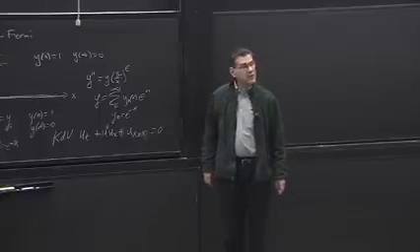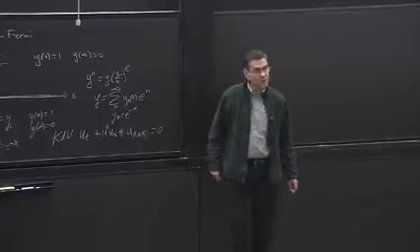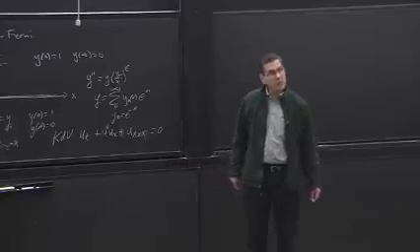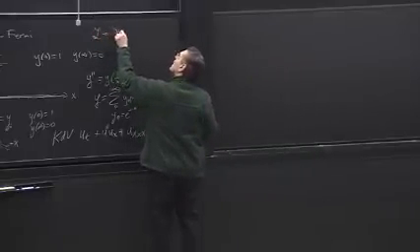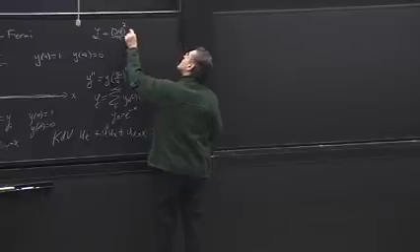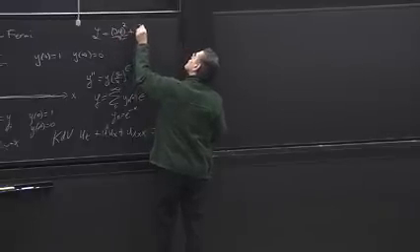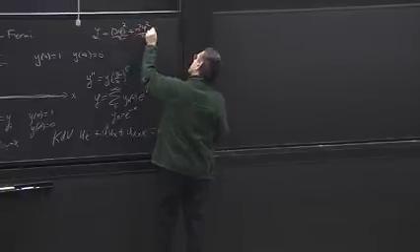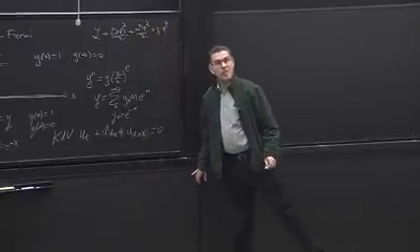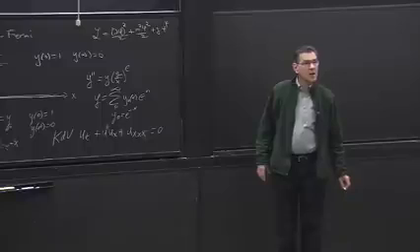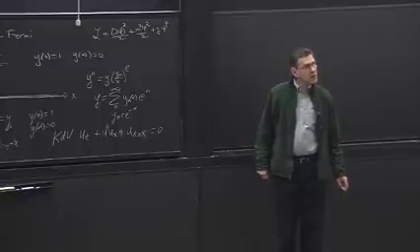And if you're interested in particle physics or quantum field theory, you might consider the Lagrangian (grad phi)^2 plus, say, m^2 phi^2 plus g phi^4. And what might you do here?